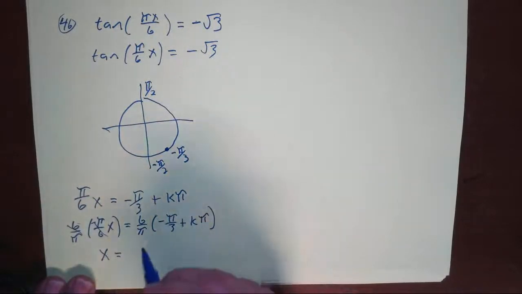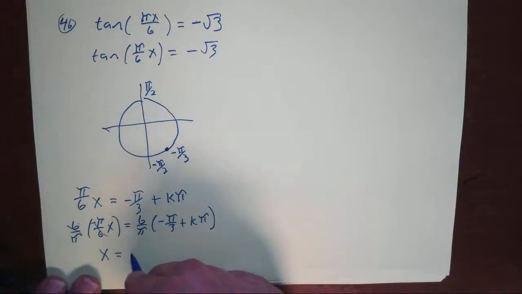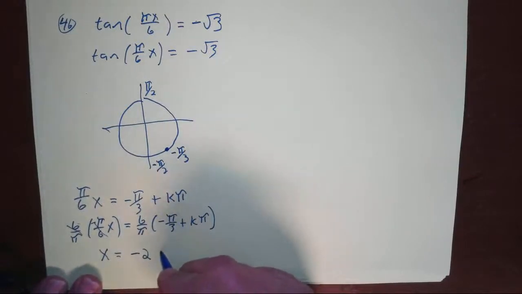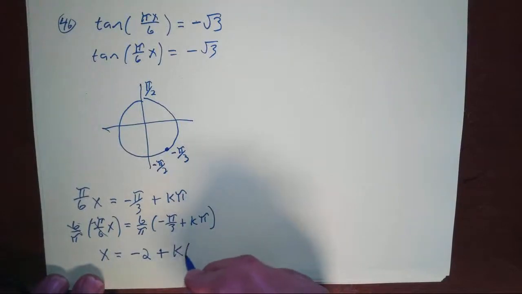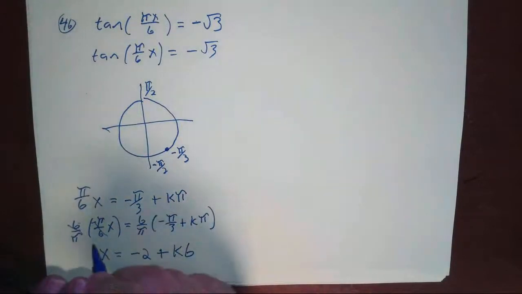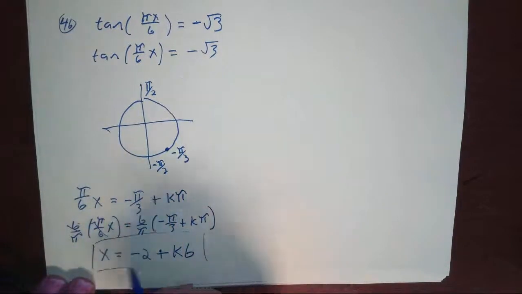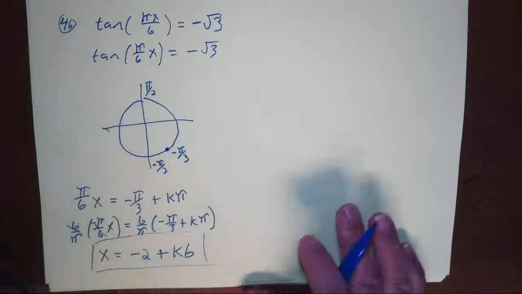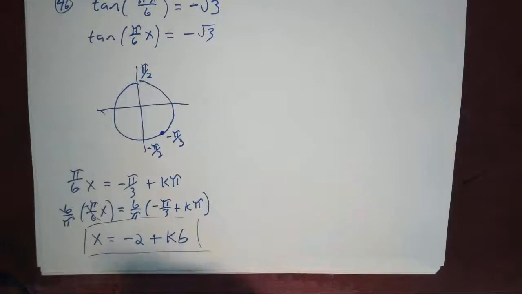Then I'm going to distribute that over. And for this one, the pi's cancel out, and I'm just left with negative 2. And when I distribute it over here, the pi's cancel out, and I'm going to get just k times 6. So that's a weird one. When you have radians, they look a little strange, but that's what it would be.